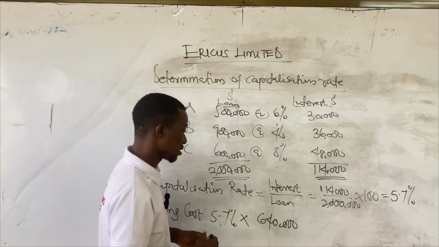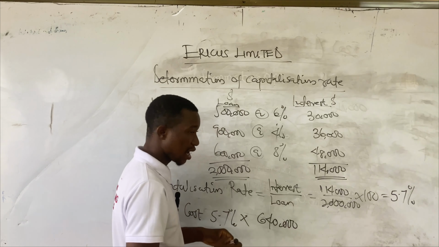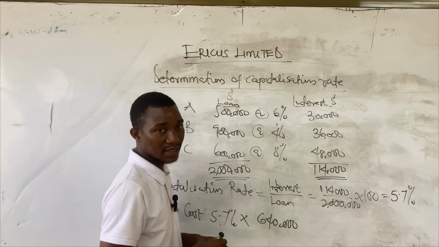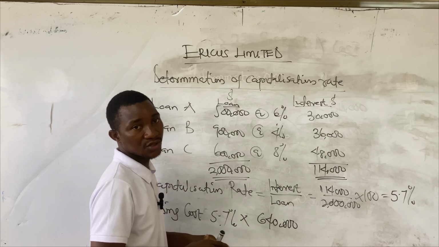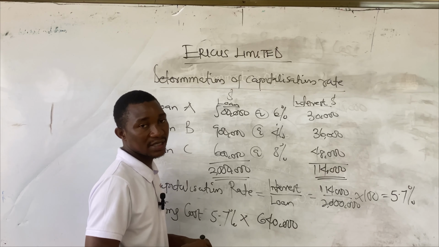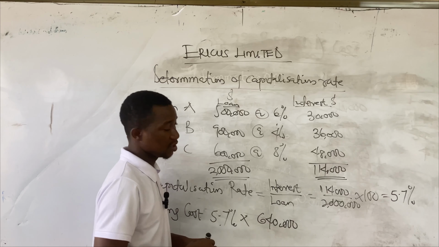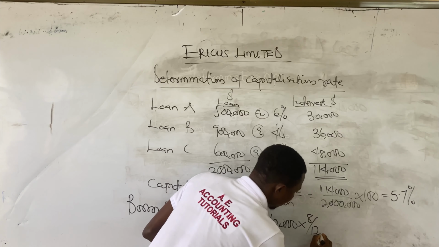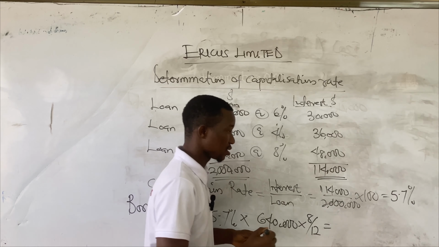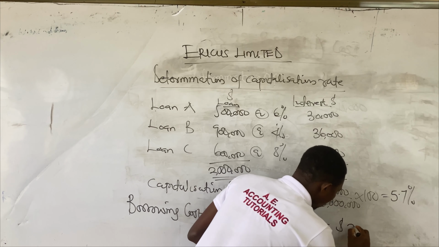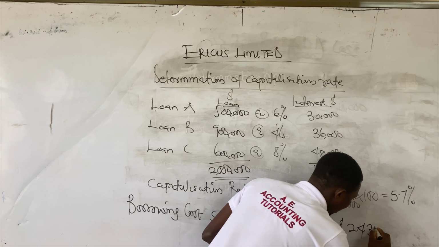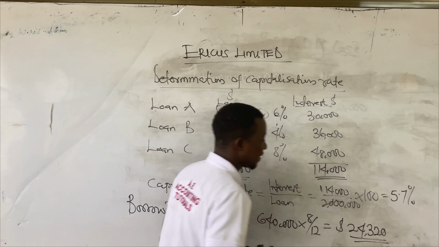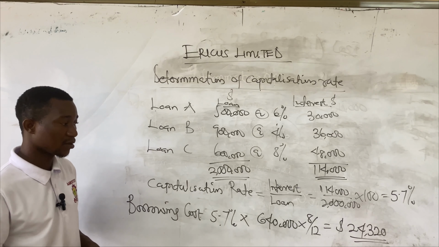So this simply means that we have to calculate for 8 months, from 1st October 2020 to 31st May 2021. So that is exactly 8 months. We calculate for the 8 months, and this gives us 24,320 as the borrowing cost eligible for capitalization.